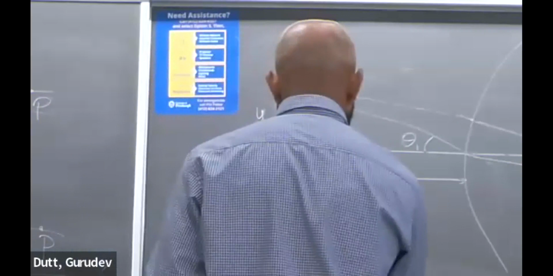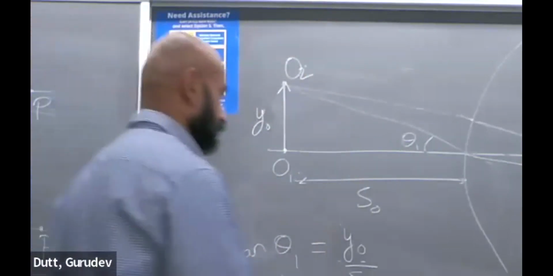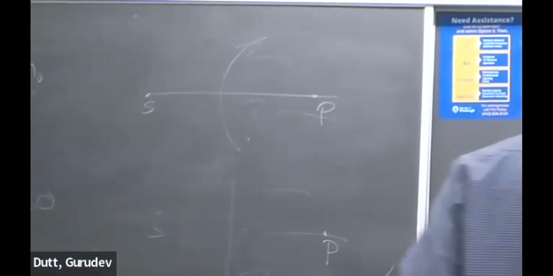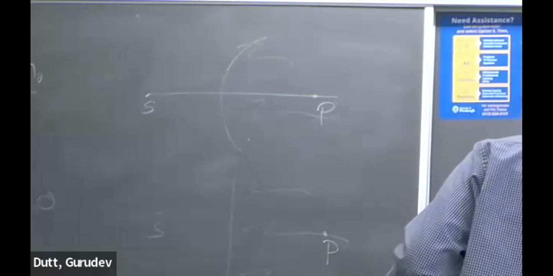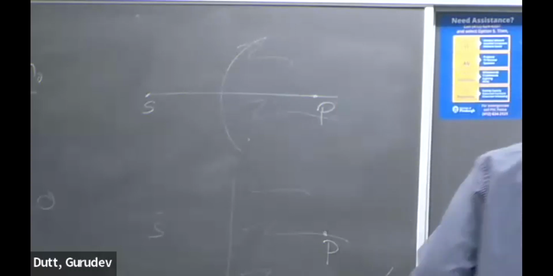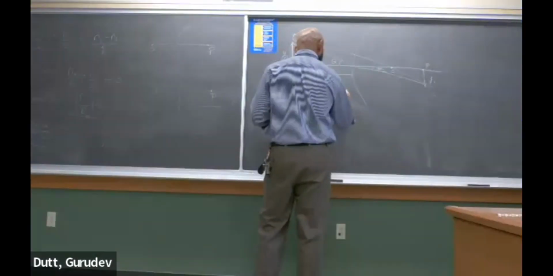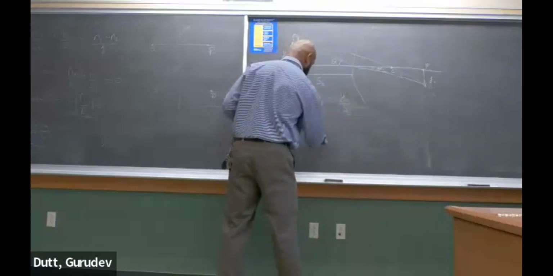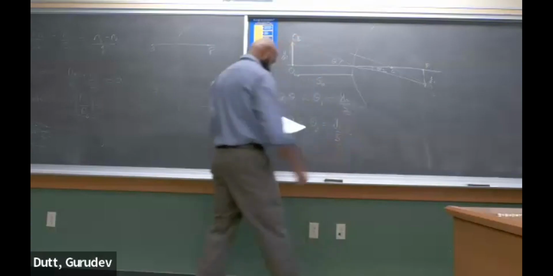And of course, in the paraxial approximation, tan theta1 is approximately theta1, which is equal to Y0 divided by S0. And tan theta2 is approximately theta2, which is Yi divided by Si.